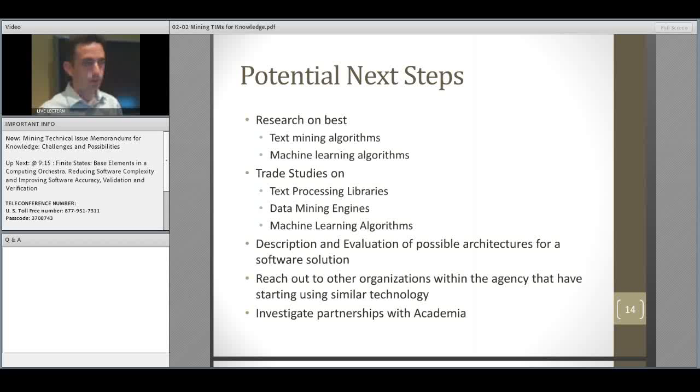Also, start to describe and evaluate possible architectures for a solution. Reach out to organizations within the agency that are using data mining for their repositories, and partner with academia.